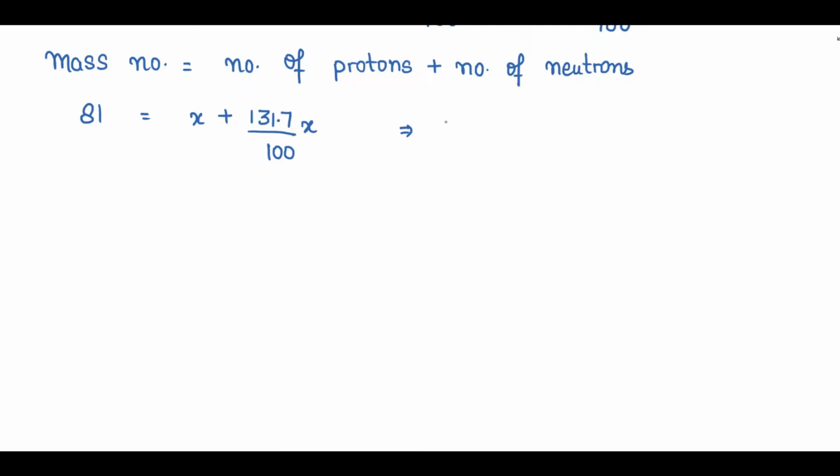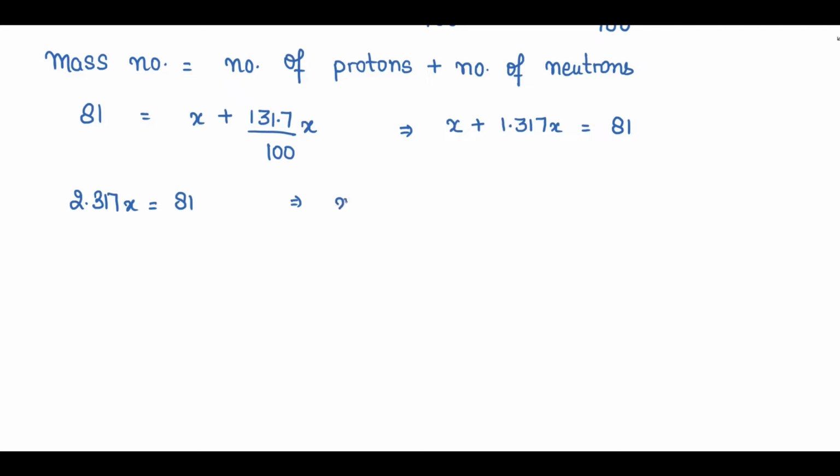Let's rearrange this value. So it will be x plus 131.7 divided by 100, it will be 1.317x, equal to 81. So x plus 1.317x, it will be 2.317x. So 2.317x equal to 81.